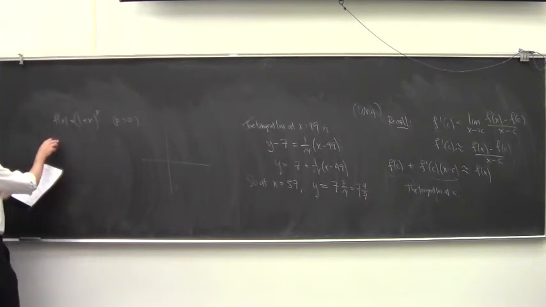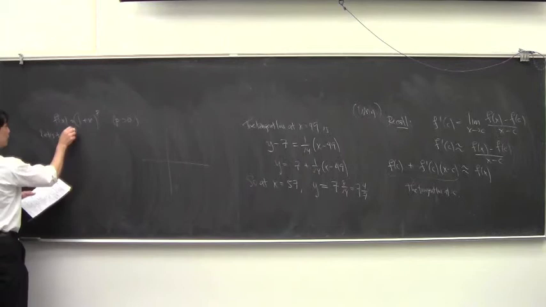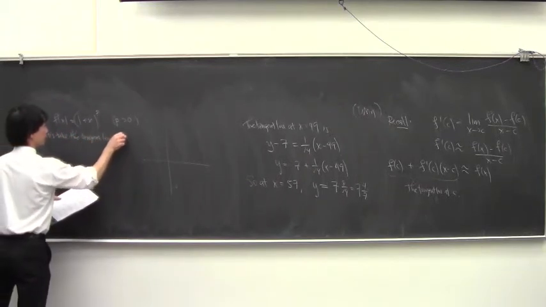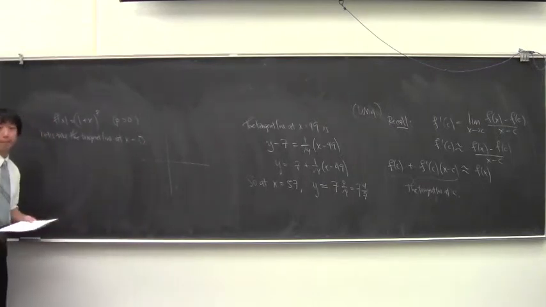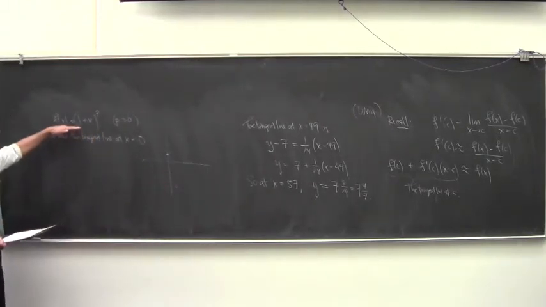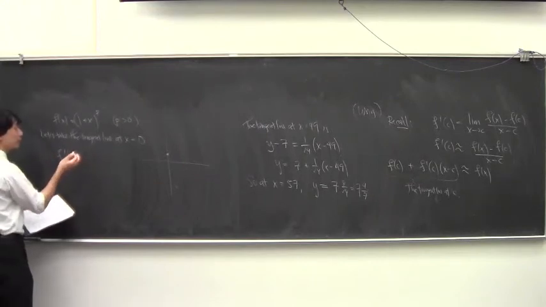So let's take the tangent line at x equals 0. At 0, this thing is 1. And let's figure out the slope. What do we need to do? f prime of x is what?